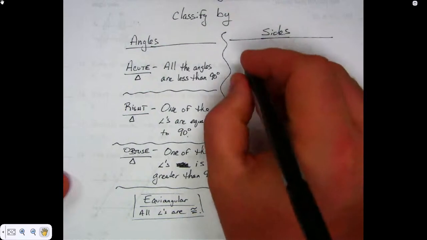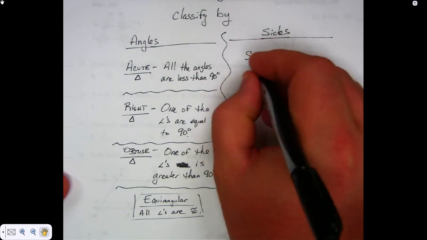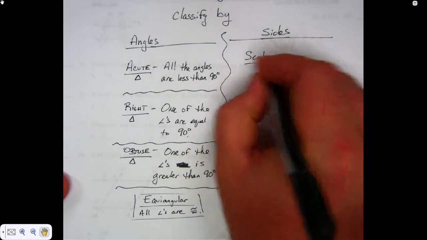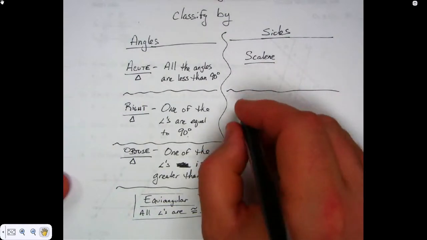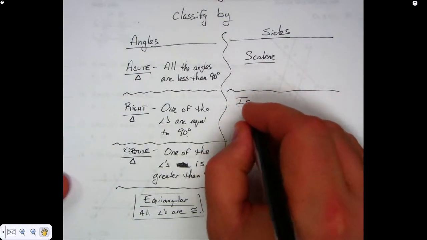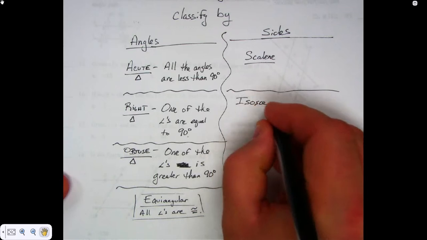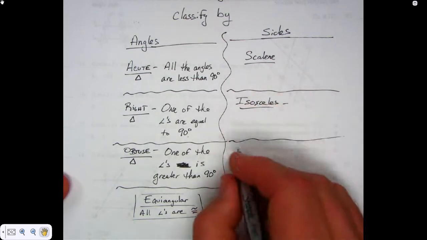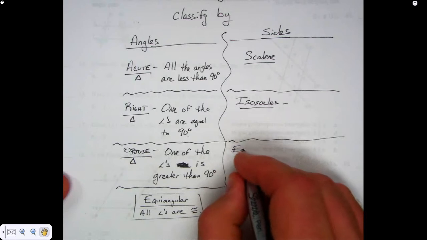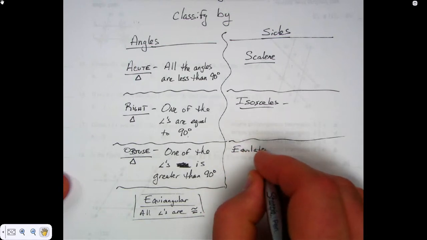Now, when we classify them as far as the sides, they are either scalene, isosceles, or equilateral.